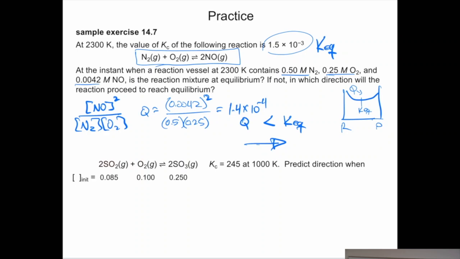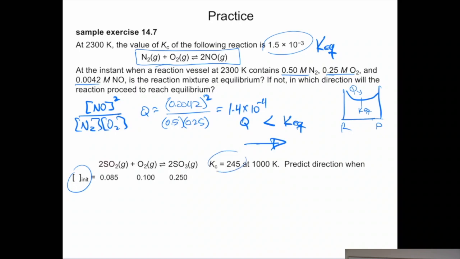All right, so part of this is to recognize what you need to do when you read a problem. Because once you recognize it, the steps to solve it are just two quite straightforward steps. Write the mass action expression and then plug the numbers in. Okay? So now do the same thing. Here are your initial concentrations for a new reaction, with a new equilibrium constant.